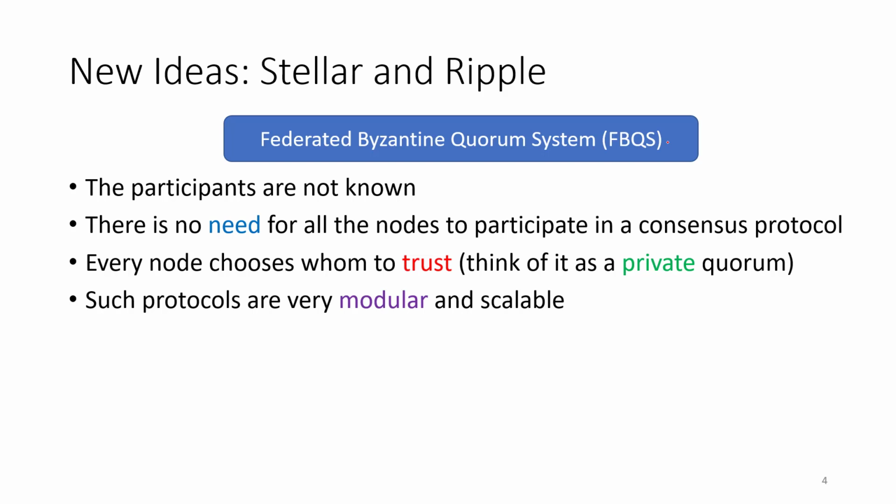Some new ideas have been proposed, such as Stellar and Ripple. They use a very interesting new concept known as a Federated Byzantine Quorum System. Byzantine we know, quorum we know. What is federated? Federated basically means like a federation of states.